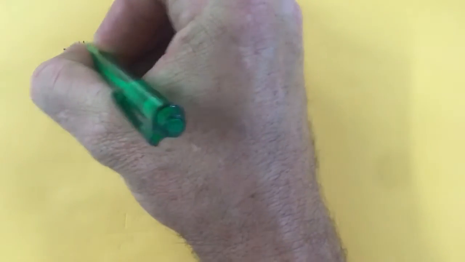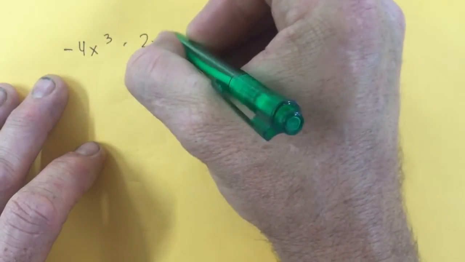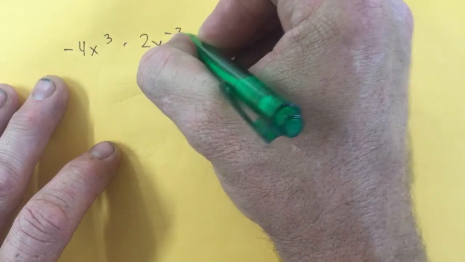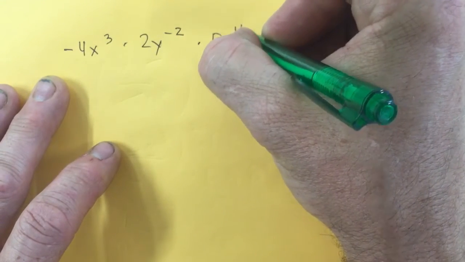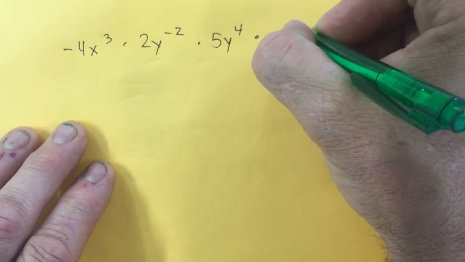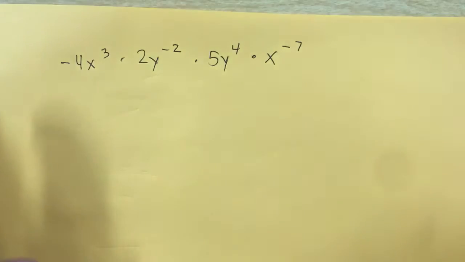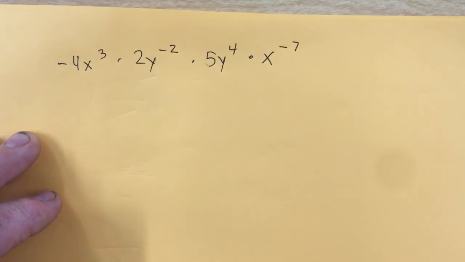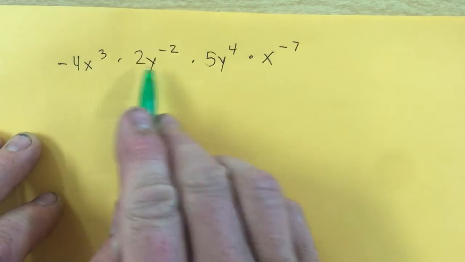We got negative 4 x to the third times 2y to the negative 2 power times 5y to the fourth power times x to the negative 7. Let's multiply these together. Okay. Well, when I multiply, I can go ahead and do negative 4 times 2 times 5.